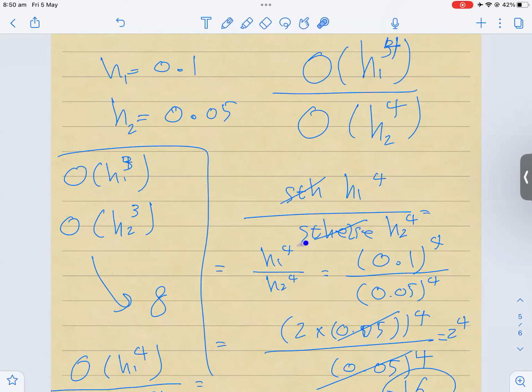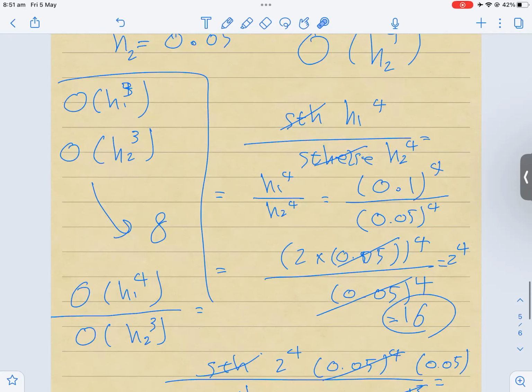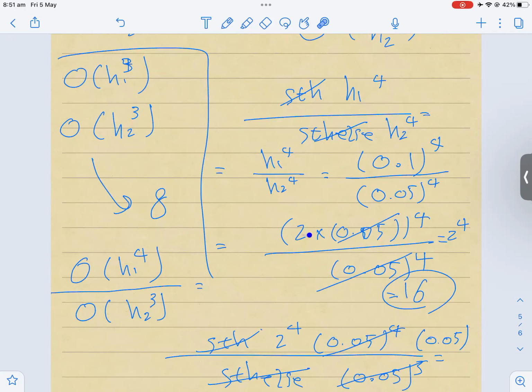So let's cancel something and something else. Approximately it will be h1 to the 4 over h2 to the 4. So this means 1/10 power 4 over 1/20 power 4. So instead of 1/10, you can write 2 times 1/20. So 1/20 power 4, 1/20 power 4, you can cancel this and then it will be 2 power 4. So 2 power 4 is 16. So that's why we should expect this number.